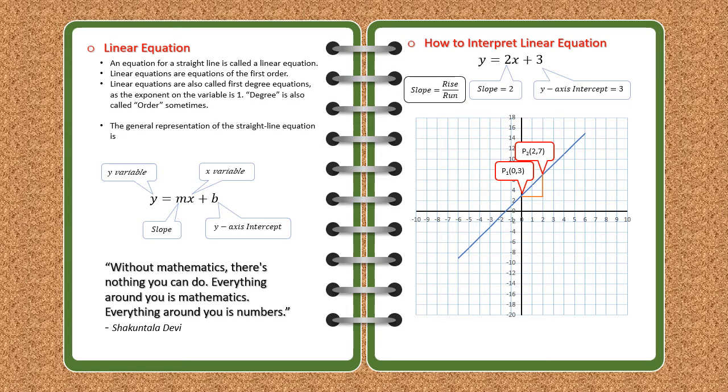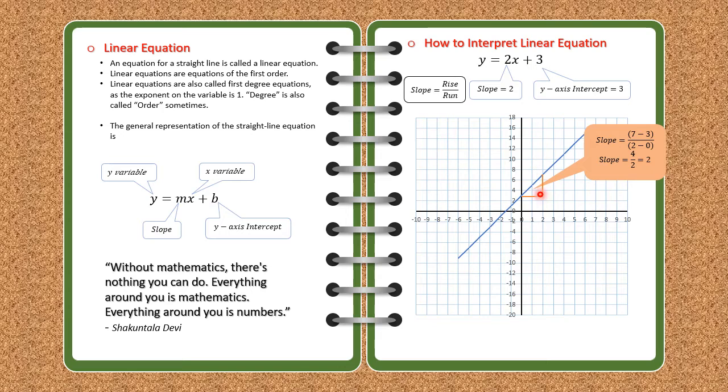Now the slope equals rise divided by run: 7 minus 3, which is delta y, representing the rise, divided by 2 minus 0, representing the run. Solve it, it equals 2.